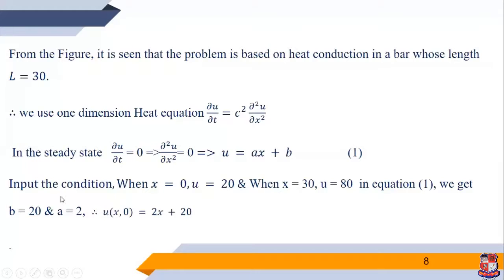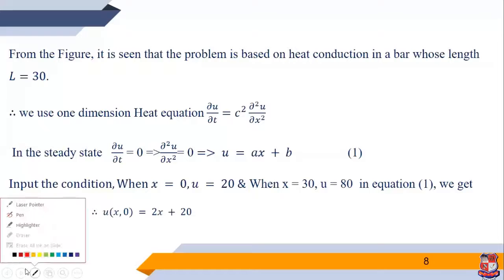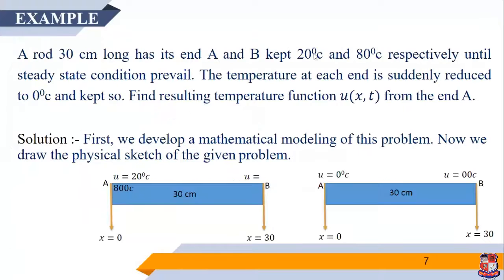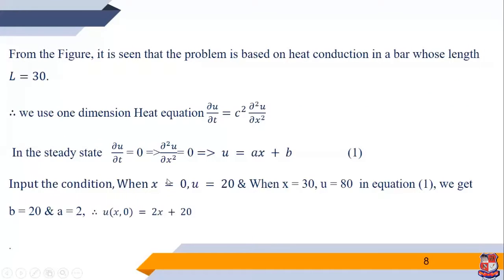Now we input the conditions. When x is equal to 0, u is equal to 20, and when x is equal to 30, u is equal to 80. So when x is equal to 0, u equal to 20, we get B is equal to 20.